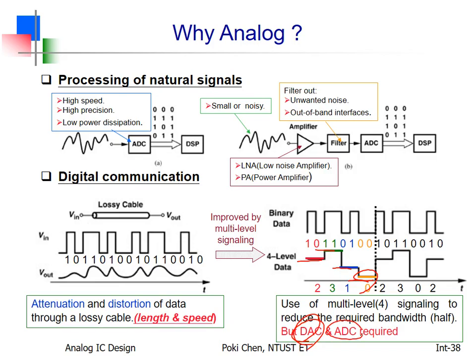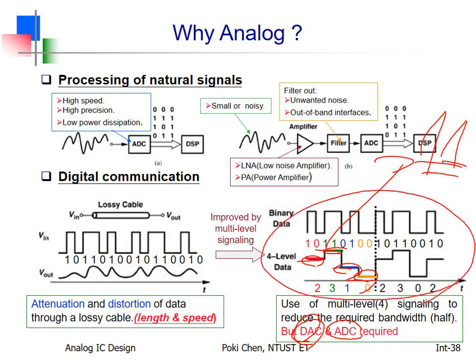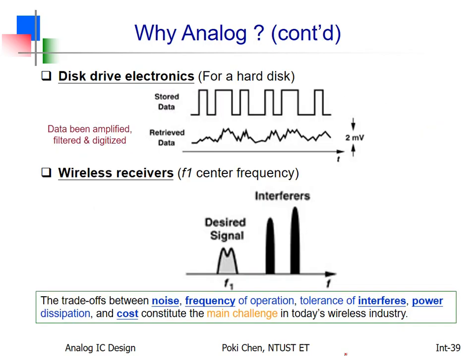The highest will be mapped back to 1 1. Here 1 0, 0 1, and so on. Again, with such kind of symbol transmission instead of bit transmission, nothing can be done in the digital domain. You need DAC and ADC. It means work for our analog IC designers. Nothing related back to digital chip designers.